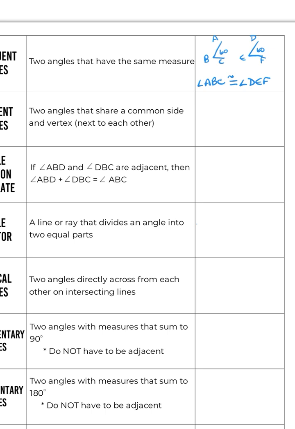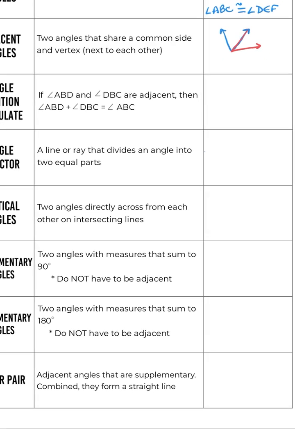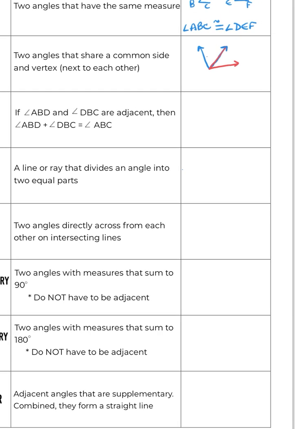Adjacent angles share a common side. So if I have this angle and then this angle, you see how they share the same side? Right down the middle, or sort of in the middle. So these are adjacent angles. If two angles are adjacent, that means you can add this measurement plus this measurement and get the measurement of the whole angle.